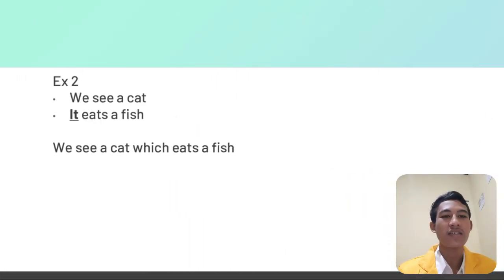Next, another example. We see a cat. It eats a fish. We see a cat is called main clause, and it eats a fish is called sub clause. The combination of the clauses is: we see a cat which eats a fish. For the examples, the conjunction is different.